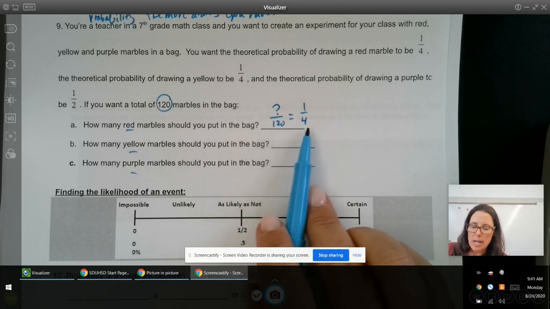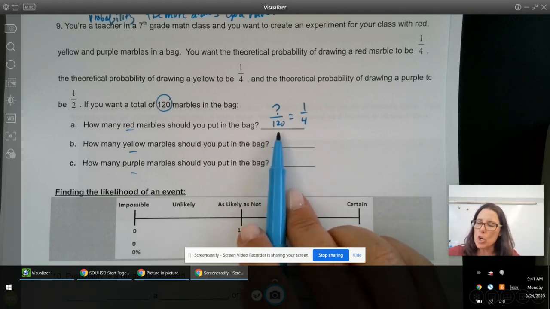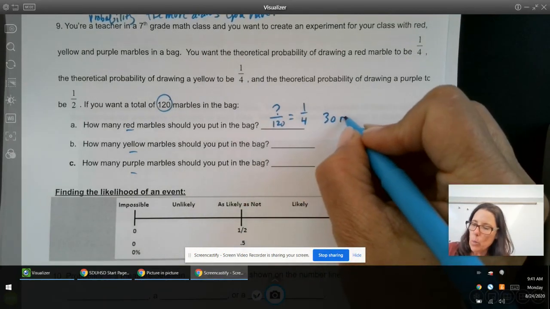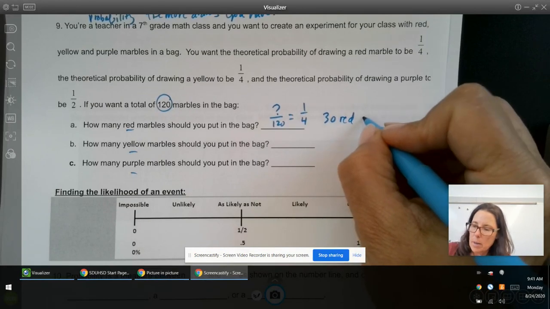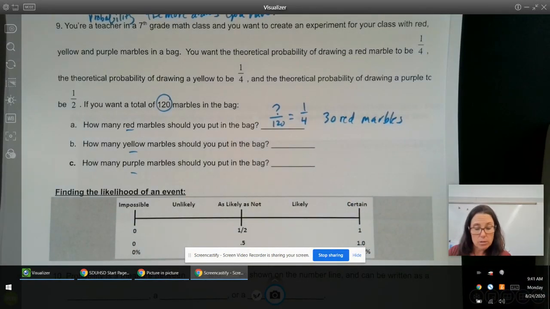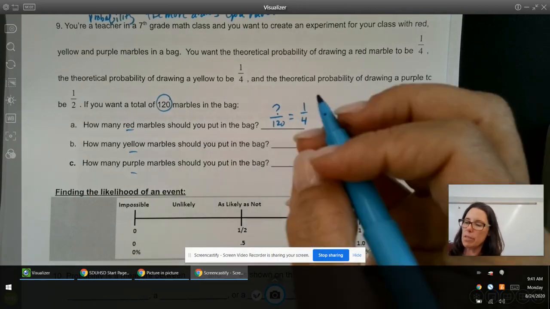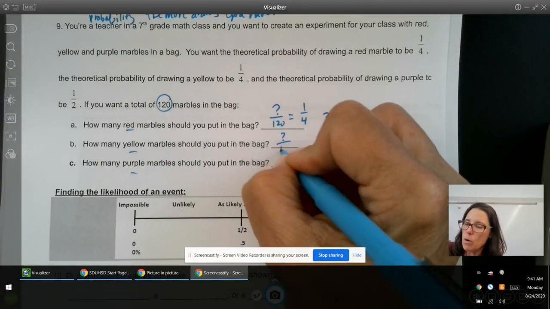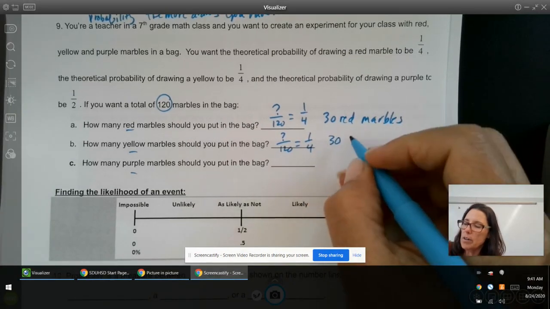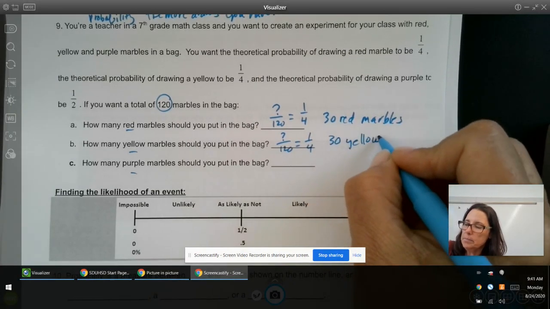Wouldn't we multiply this 4 by 30 to get to 120? Therefore, 30 red marbles should be in the bag. Okay, for yellow, you good with the same thing? Yellow, we wanted the same probability 1/4. So again, question mark over 120 equals 1/4. So we would need 30 yellow marbles.